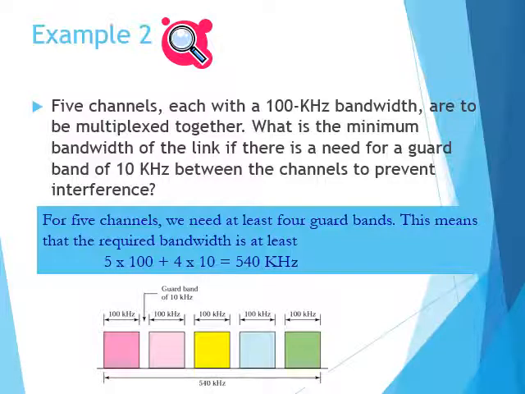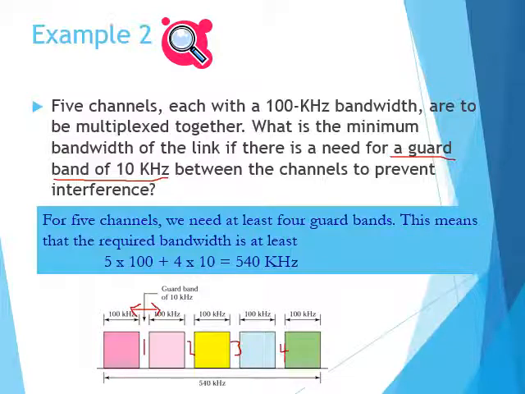Just to be careful here, we have a guide band, so you need to consider a guide band of 10 kilohertz. It's over here, the guide band. Five channels require 4 guide bands: 1, 2, 3, 4.